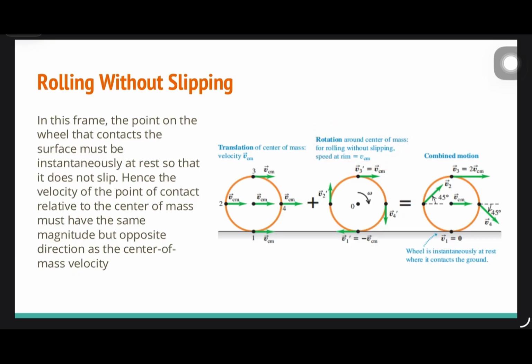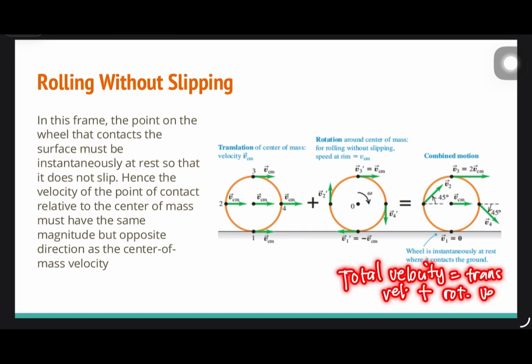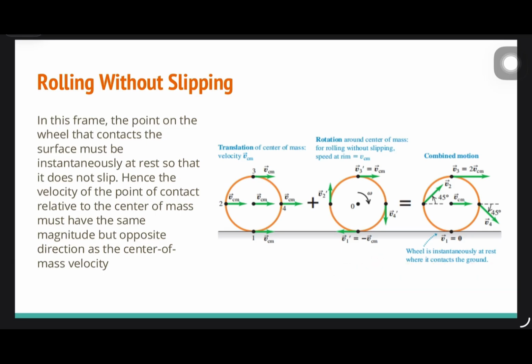The total velocity of any point is equal to translational velocity plus rotational velocity. So meaning class, all points move forward together but each point also moves around the center.